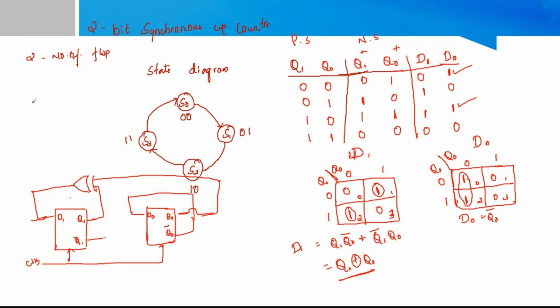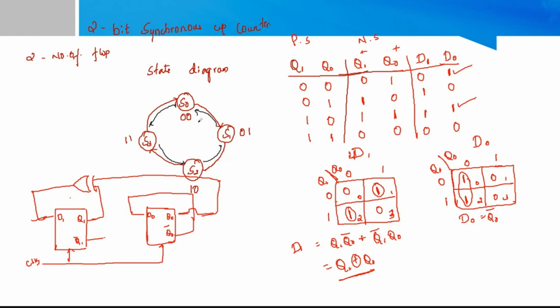For the 3-bit, it will be like here. This will be the up counter. For the down counter, it is like 3 2 1 0.